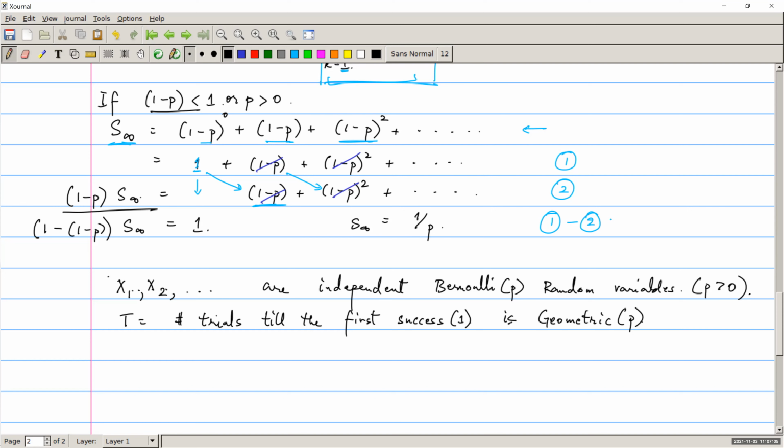When p is strictly bigger than 0, the number of trials till the first success is called the geometric random variable. Now here we have probability T equals k.